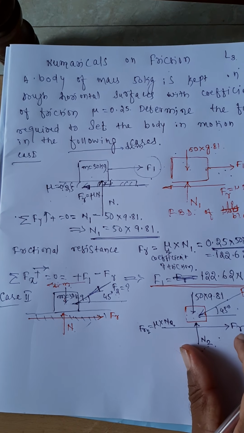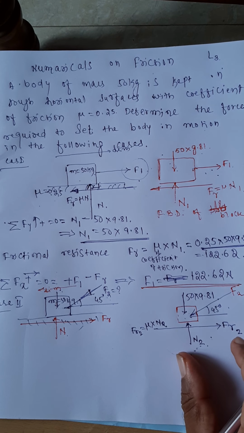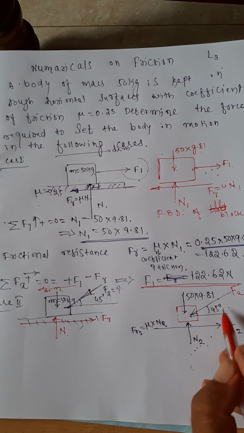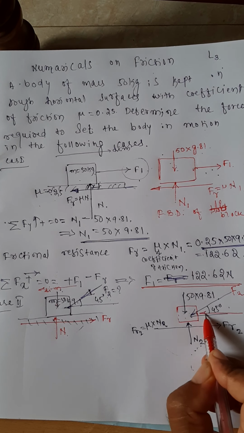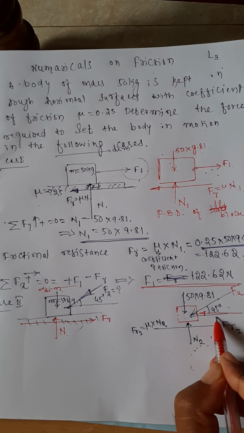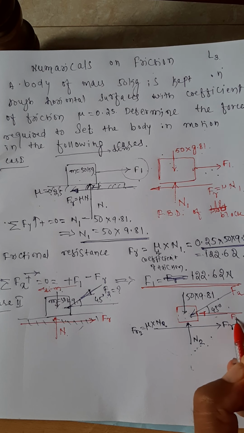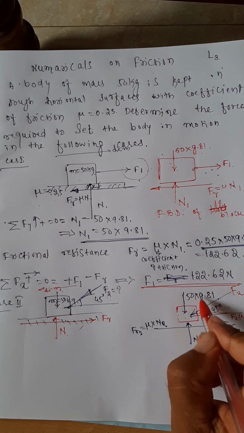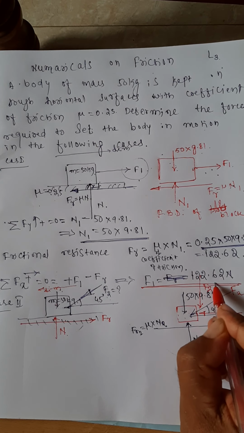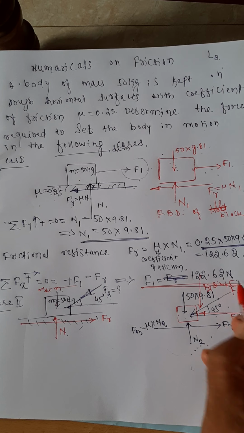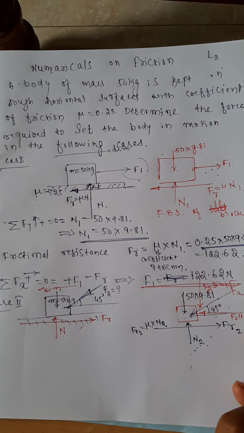Therefore, the value of F2 in horizontal direction will become F2 cos of 45. Observe the direction of it. F2 cos of 45, and here in vertical direction it comes downward, F2 sin of 45.